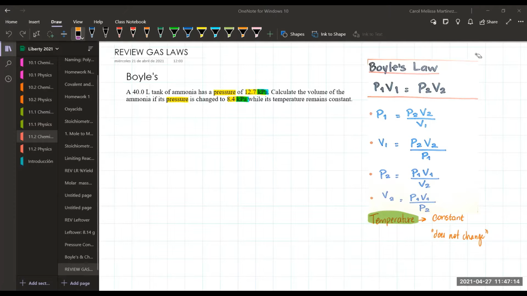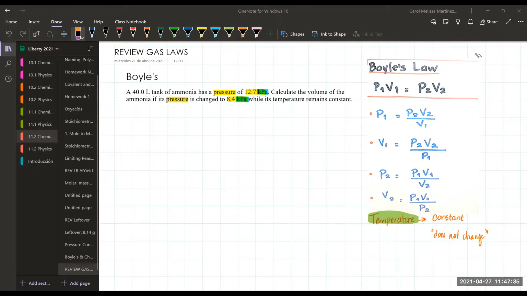When you have this, there's no need to do a conversion for pressure, because the units can be cancelled. But if the units are different, you have to do a conversion so that you have the same units for the two pressures. Now, let's take a look.